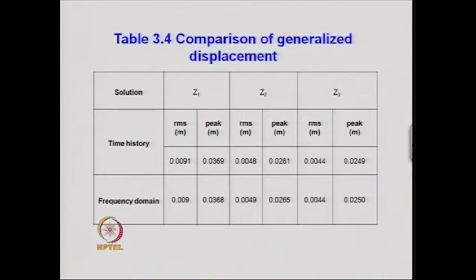The reason for this is that while performing the time history analysis, we assumed 0 displacement and 0 velocity in the beginning. That is, the initial condition was 0 and 0. Therefore, the transient part of the solution was not significant at all, and the time history and frequency domain analysis matched very well in terms of RMS and peak values.